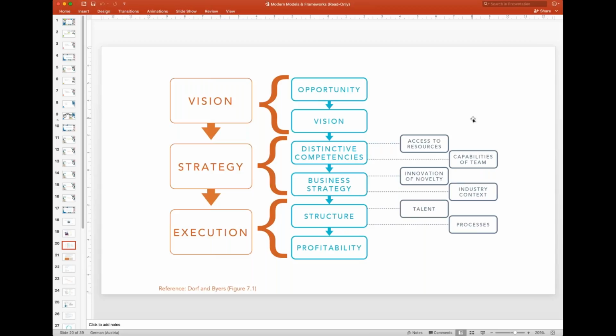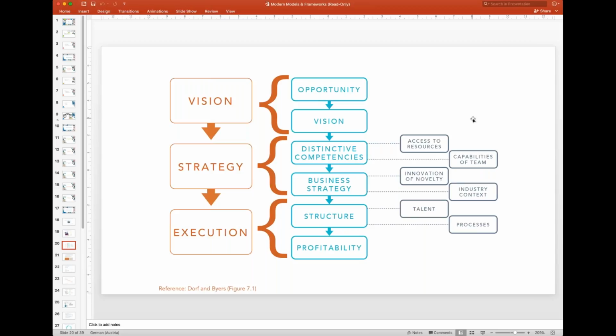Still under strategy, we talk about business strategy, the novelty of our initial idea, the innovation that our idea brings to the world, the value that we are creating, and the industry context.